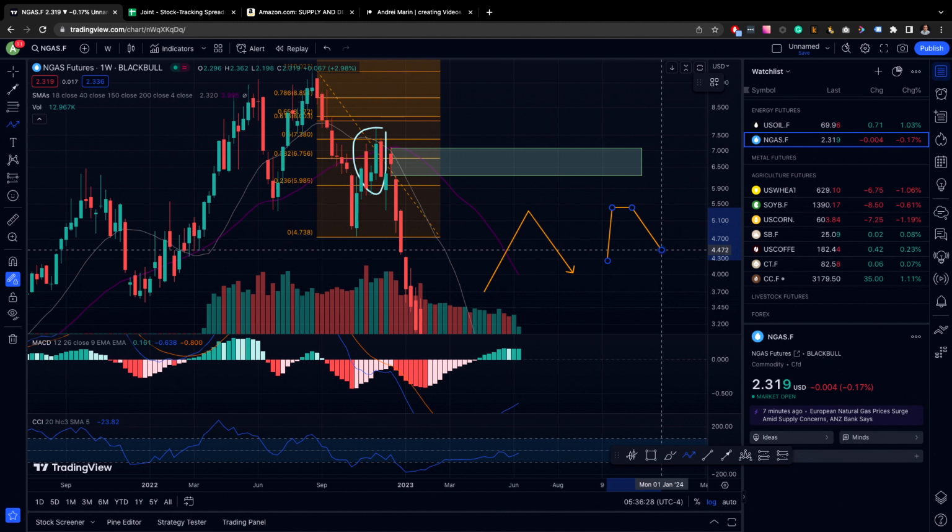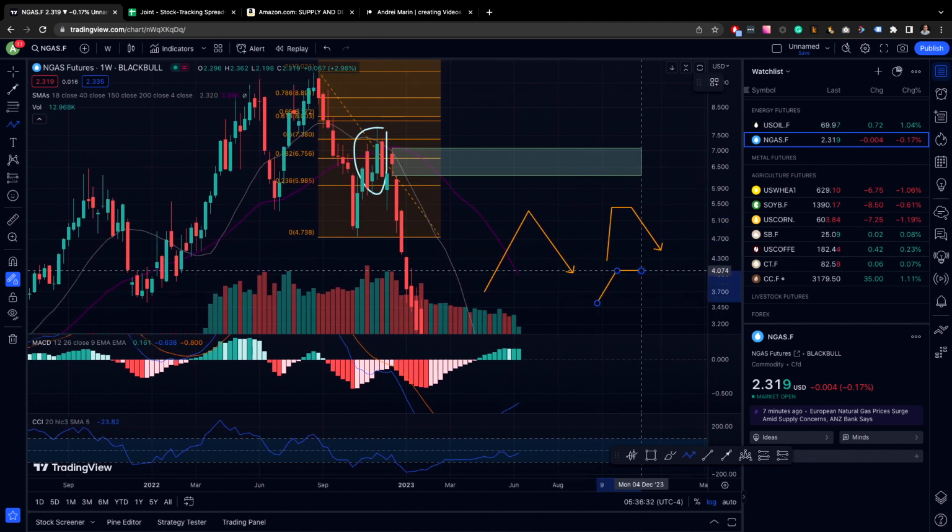Or obviously there's even the rally, base, rally version. But in all of these, there's no stair pattern. So if yours looks more like this, then this is not a rally base rally. This is something completely different, and you should not treat it as a supply zone.